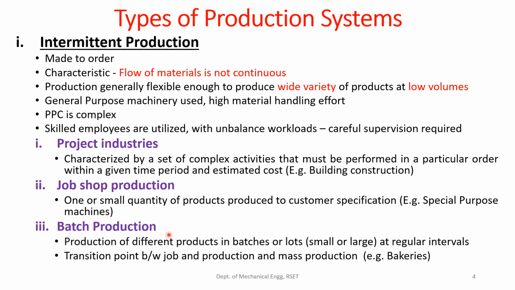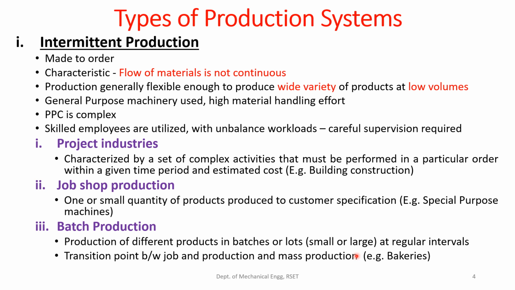So, batch shop production is basically a transition point between job production and mass production systems. That means it's a transition between intermittent production systems and mass production systems.